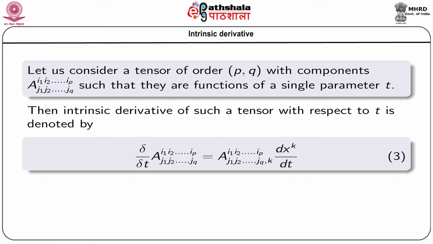That means the covariant differentiation with respect to xk has been done to A, with a product of dxk/dt. So, the intrinsic derivative is defined by equation number 3.